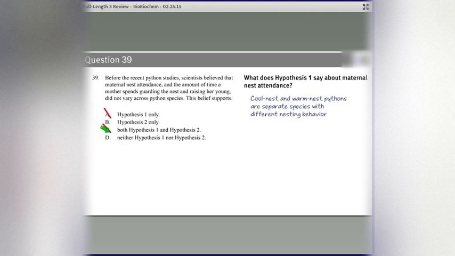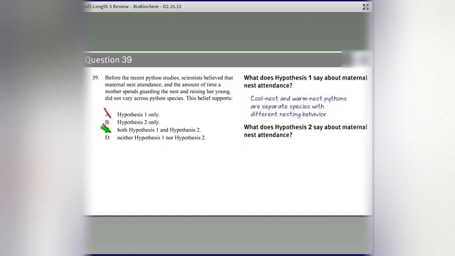So then we take a look at hypothesis 2, and we say, okay, well, hypothesis 2 said maternal nest attendance can depend on a bunch of things. It can depend upon how much food is nearby. It can depend upon the temperature. It can depend upon a whole bunch of things in the environment.